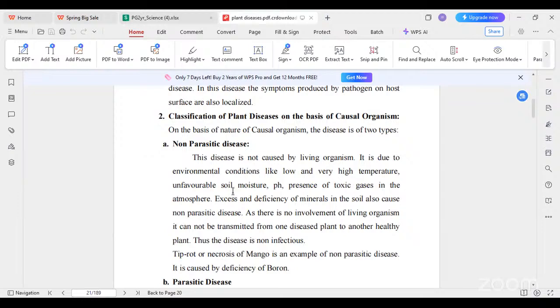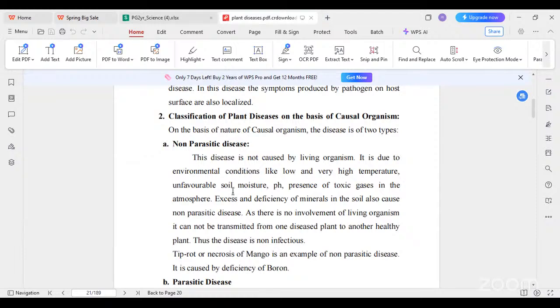It is due to environmental conditions like very high temperature, very low temperature, unfavorable soil moisture, soil pH, atmospheric pH, presence of toxic gases in the atmosphere, and excess or deficiency of minerals in the soil.